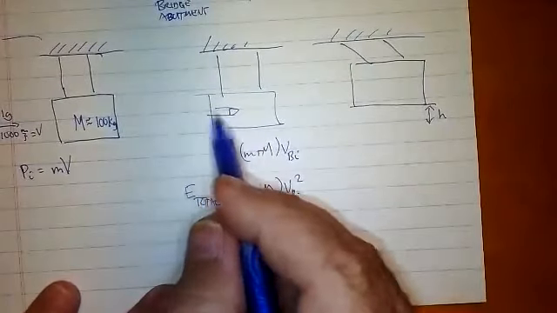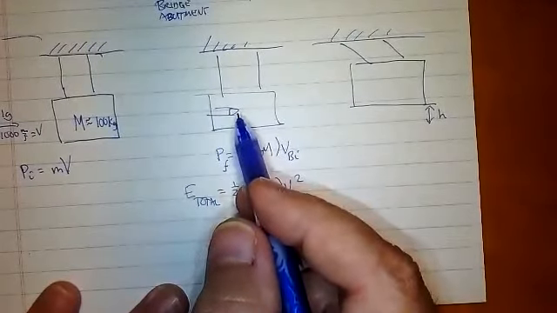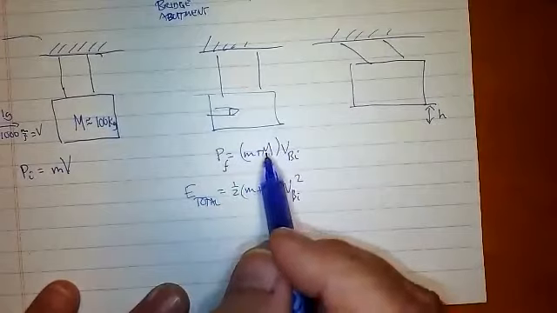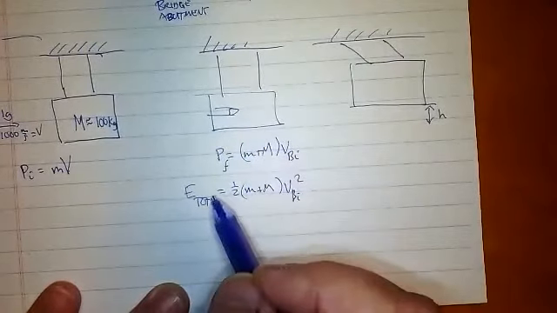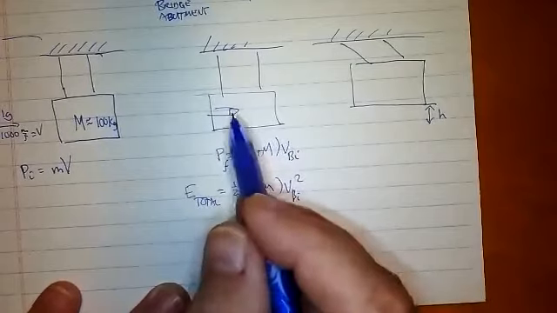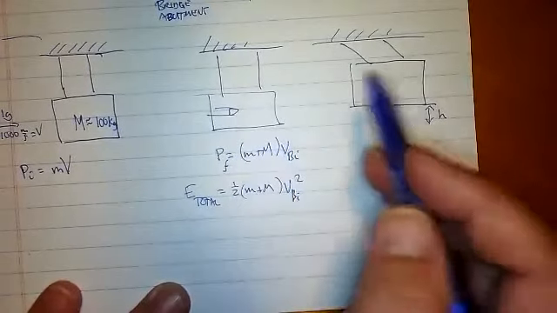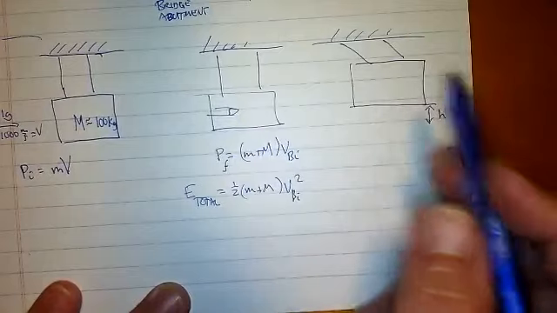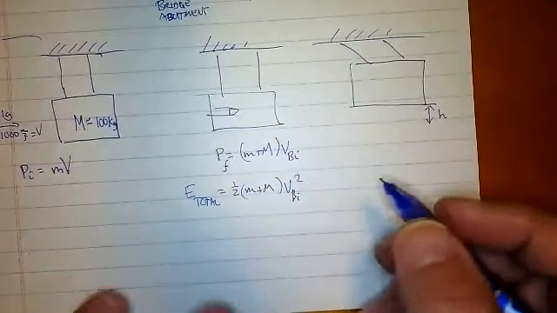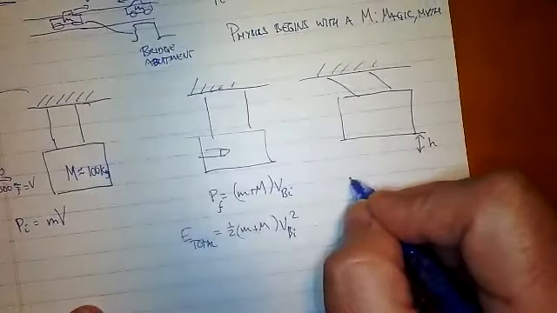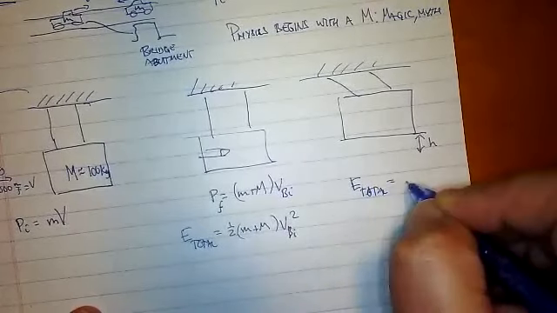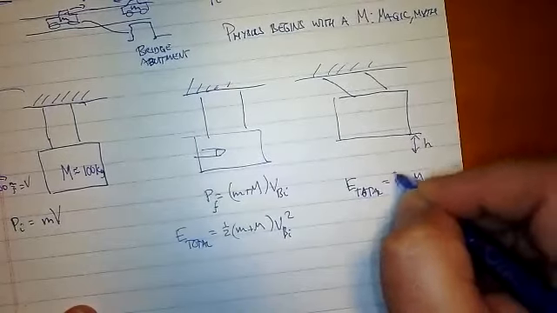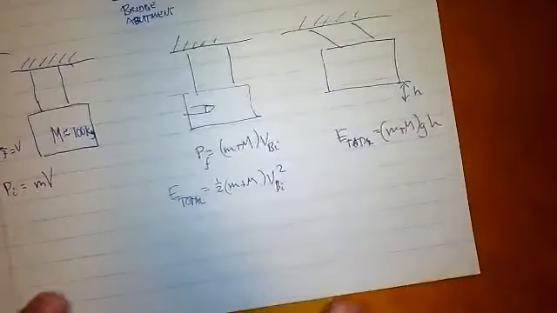But once the bullet has embedded into this, and we use conservation of momentum to find out what that is, then there's no more energy loss. So it's actually okay to say the total energy is just going to be the kinetic energy of the block. Well, this is set up so that the kinetic energy of the block can be converted to potential energy. So we're now going to say the energy total here is equal to (m plus M) times g times h.